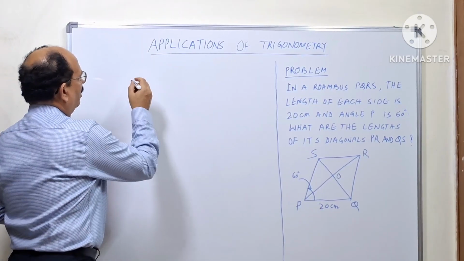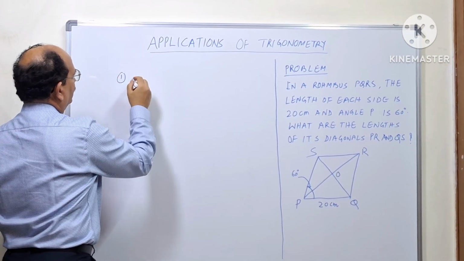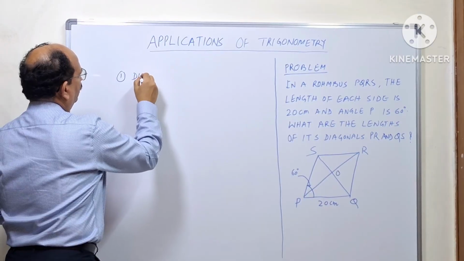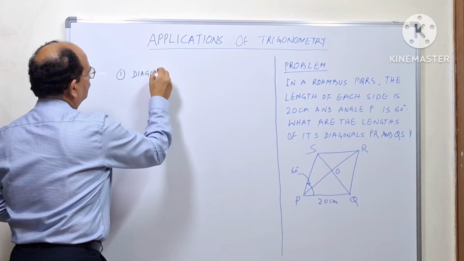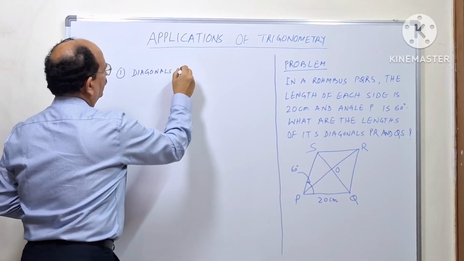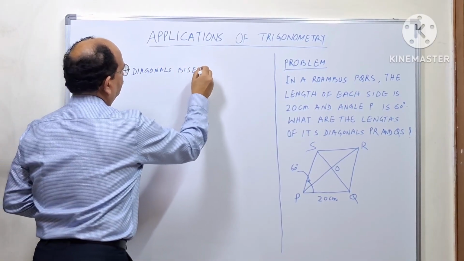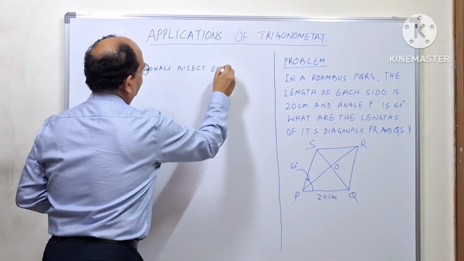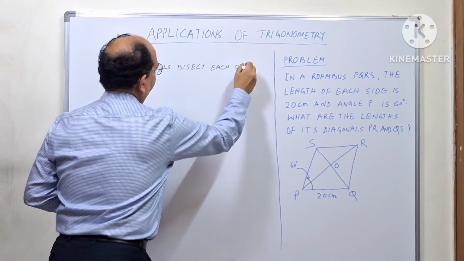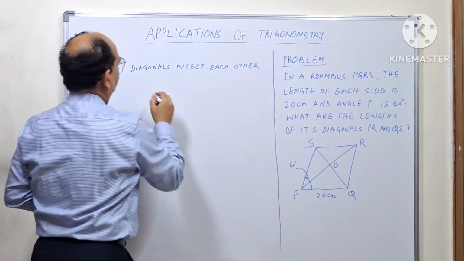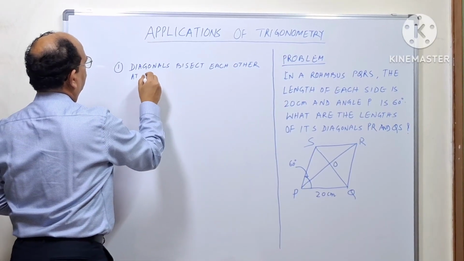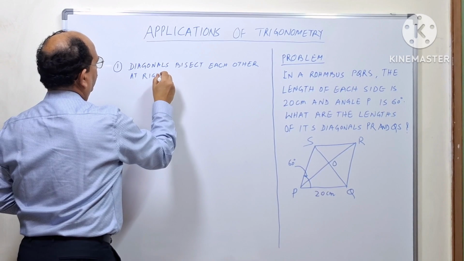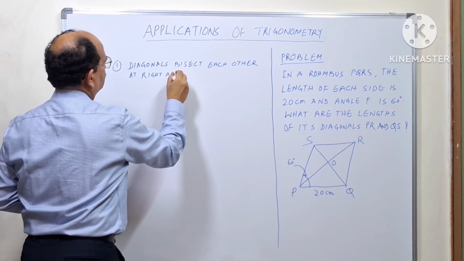So in a rhombus, we know that diagonals bisect each other at right angles.